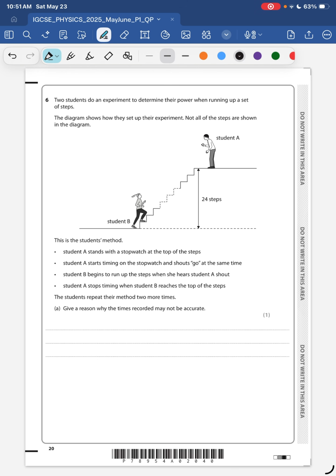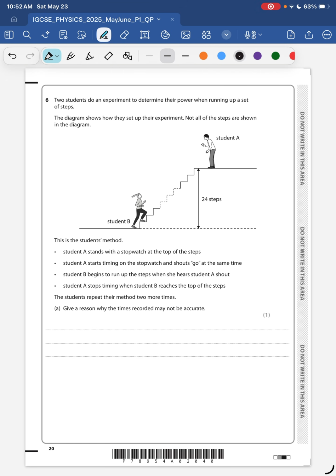Anyway, two students do an experiment to determine their power when running up a set of steps. The diagram shows how they set up their experiment. Not all of the steps are shown in the diagram. This is the students' method. Student A stands with a stopwatch at the top of the steps.